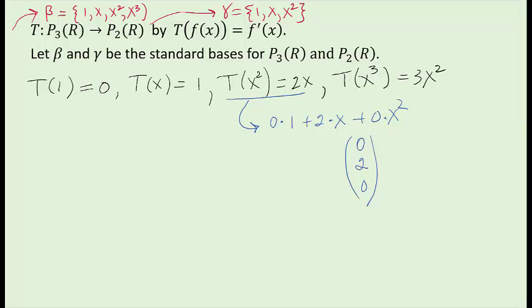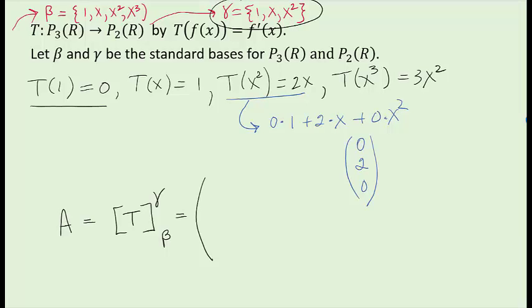So we'll go directly to the matrix, call it A, the matrix that represents the linear transformation T using beta and gamma, the standard bases. We take the first one and write it as a column vector in the basis gamma. So it is (0, 0, 0)? Actually T of 1 is 0, so 0 times 1, 0 times x, 0 times x squared.